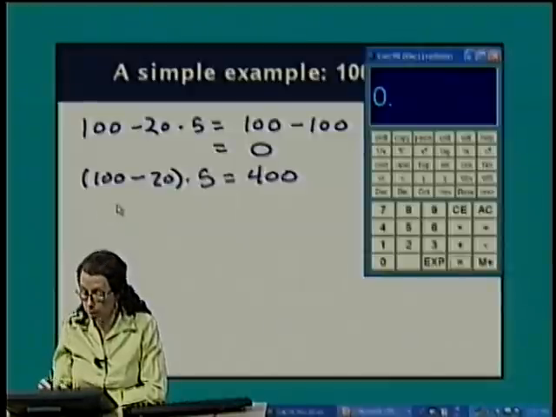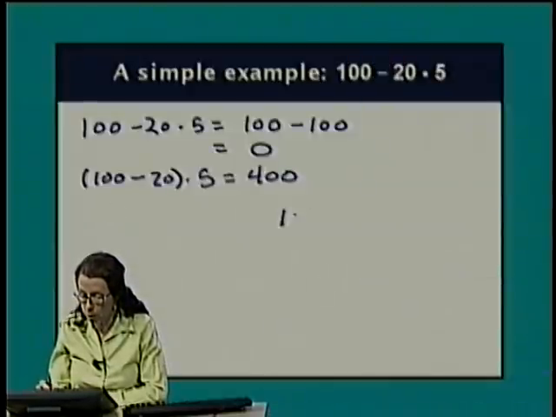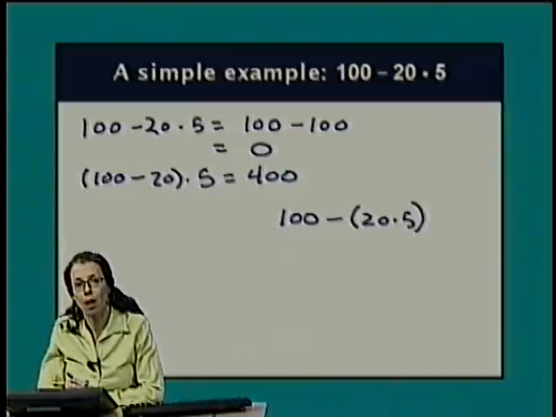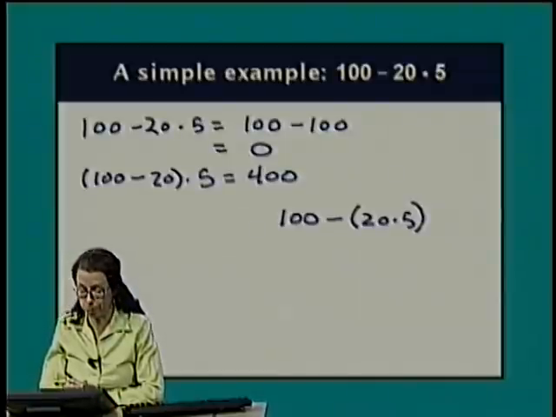So in my calculator, what I entered was 100 minus parentheses around the multiplication. Now the calculator knows to do multiplication before subtraction.